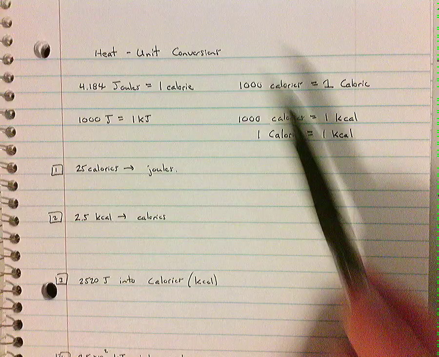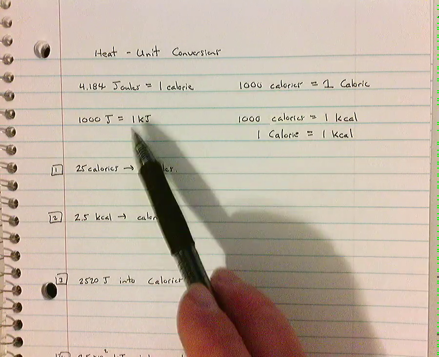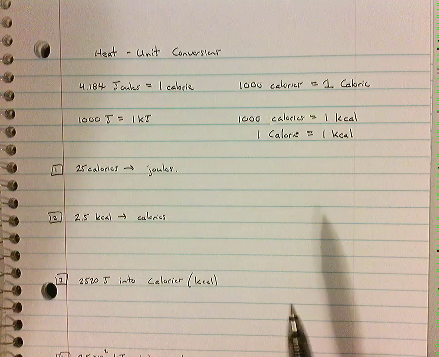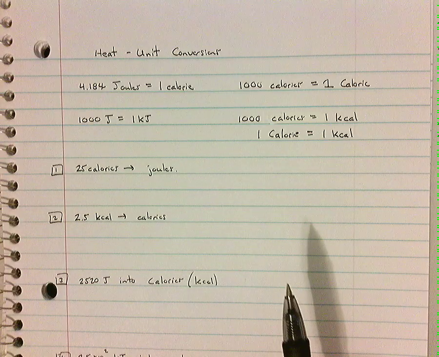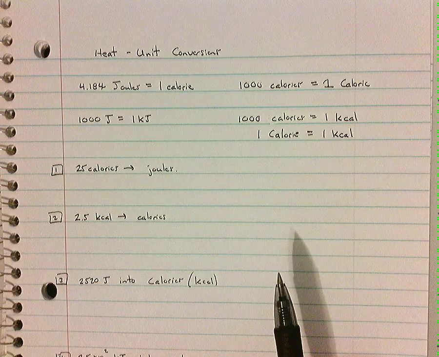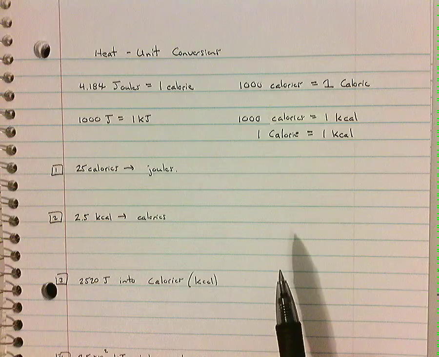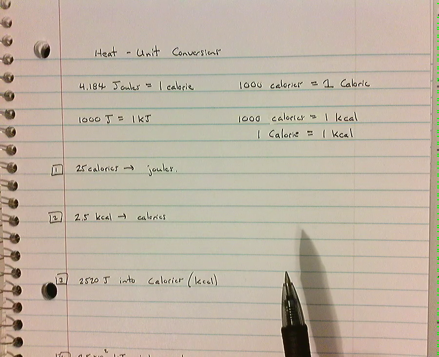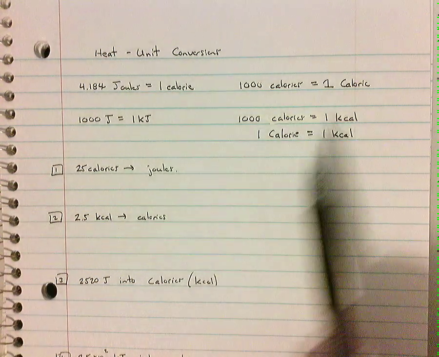So those are just a kind of a quick run through of the 3 heat units that you will see. And we don't really care all that much. It's just kind of like saying, well, is that distance measurement in inches, centimeters, or feet? Well, they're all units of distance. Just which one do we want to use?